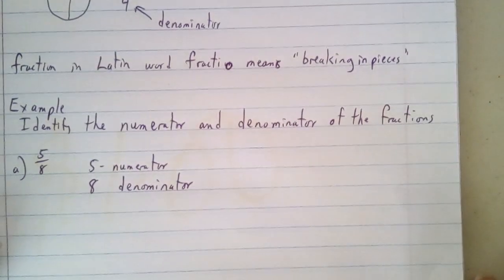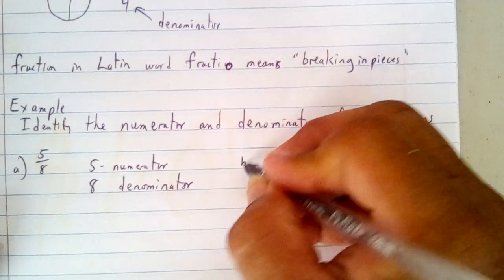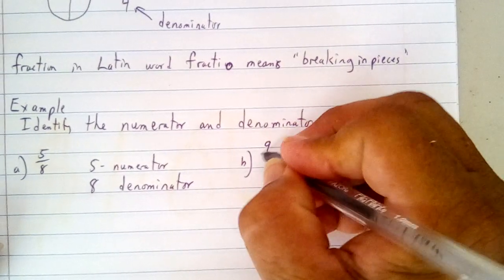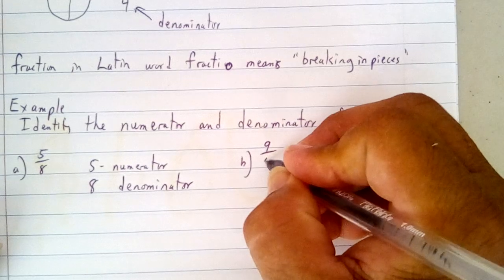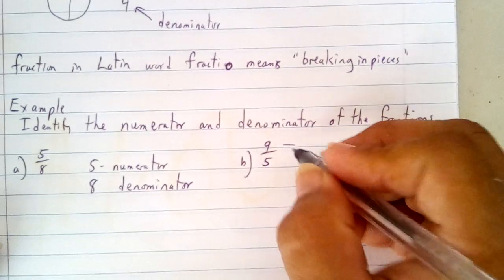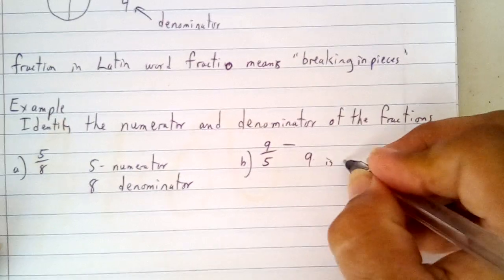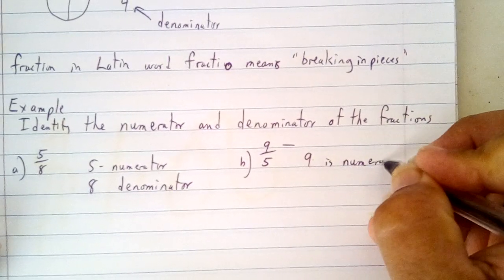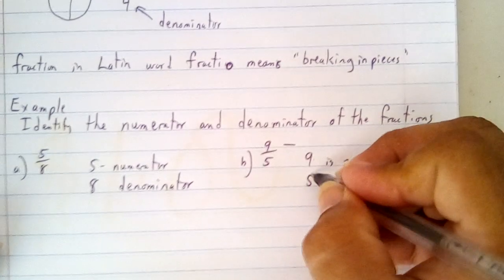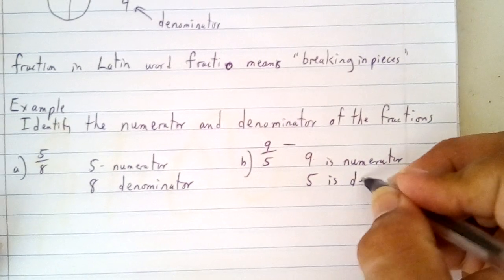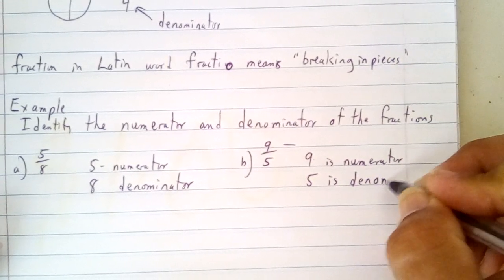Okay, so we have that. Next one, B, 9/5. 9 is the numerator, 5 is the denominator.